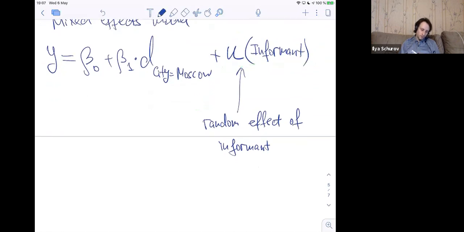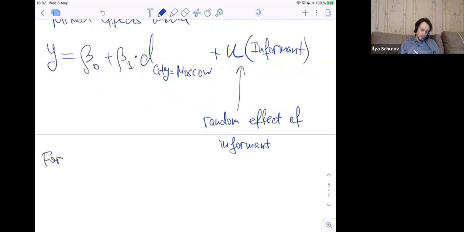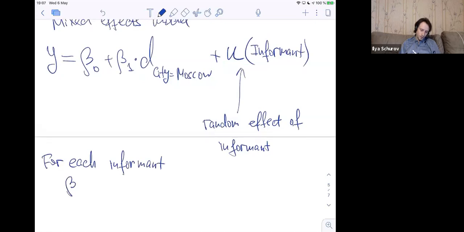I say that for each informant, the value beta naught plus u of this informant, how to interpret it?